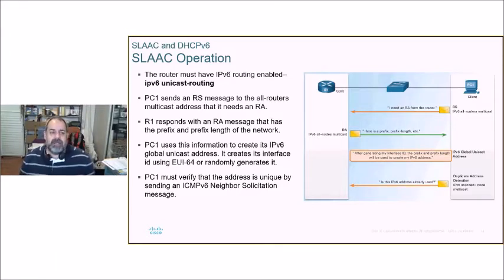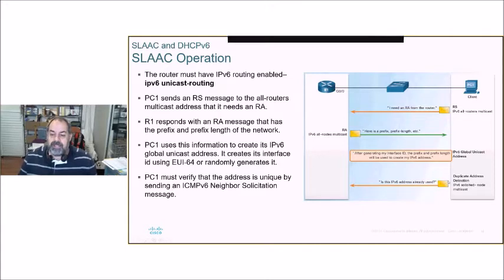And then from there, PC1 sends its router solicitation message to the all-routers multicast address. And then any routers that are listening to that multicast address will reply with their router advertisement. As I said, it gives you your network number and its prefix length, and the host will figure it out itself.